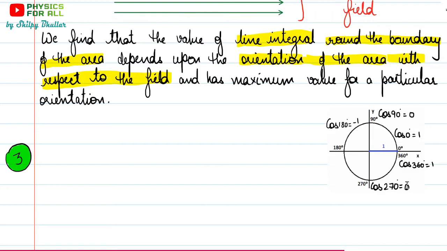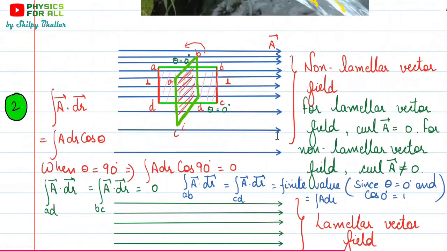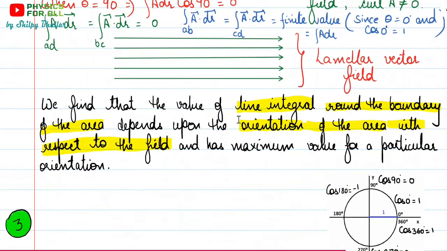The direction in which the area is held with respect to the vector field. And how do we guess what the orientation is? In what direction the area is held? That totally depends on the rotation of that area. That is, is there any rotation in the area? Because if that particular area is rotating, only then we can have different cases.